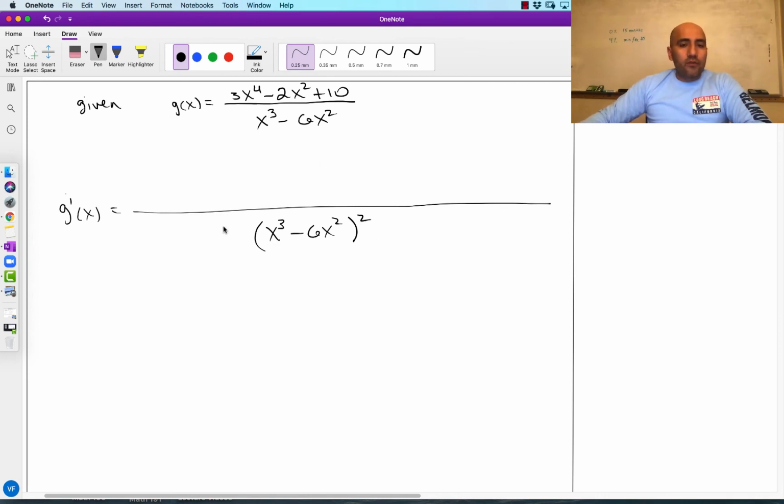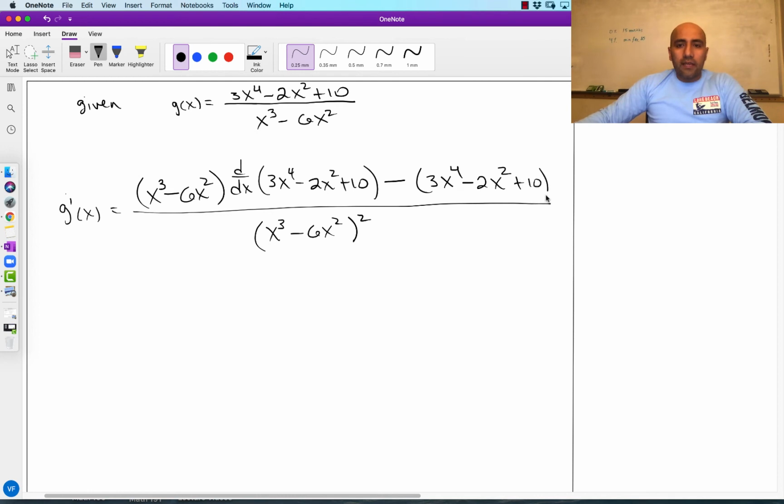And then the numerator, remember it's low d high, so it's going to be x cubed minus 6x squared times d high, the derivative of the numerator, 3x to the 4th minus 2x squared plus 10, minus high, that would be 3x to the 4th power minus 2x squared plus 10, times d low.